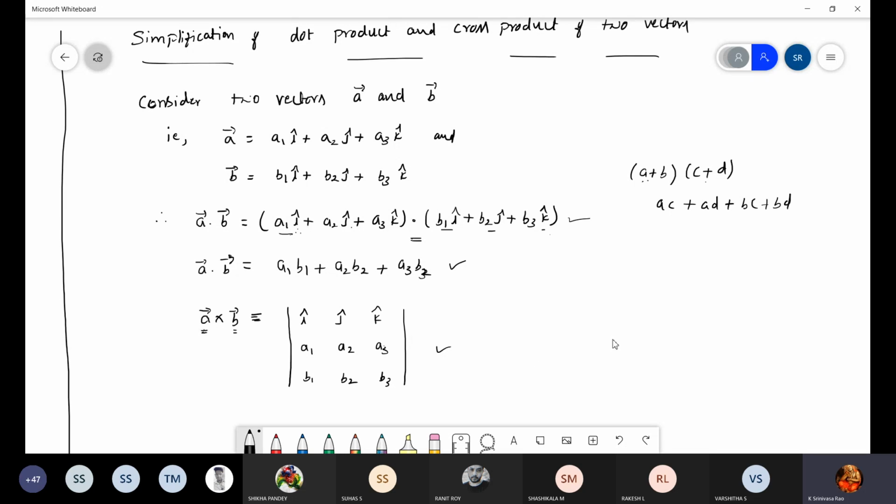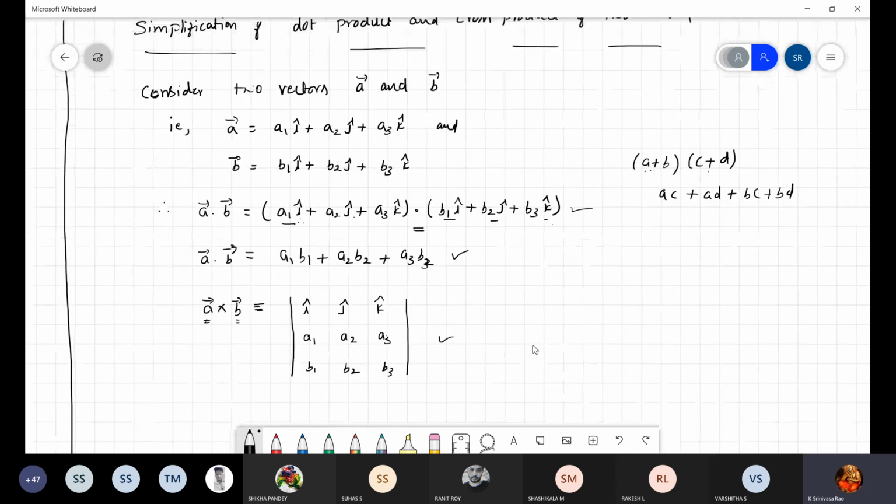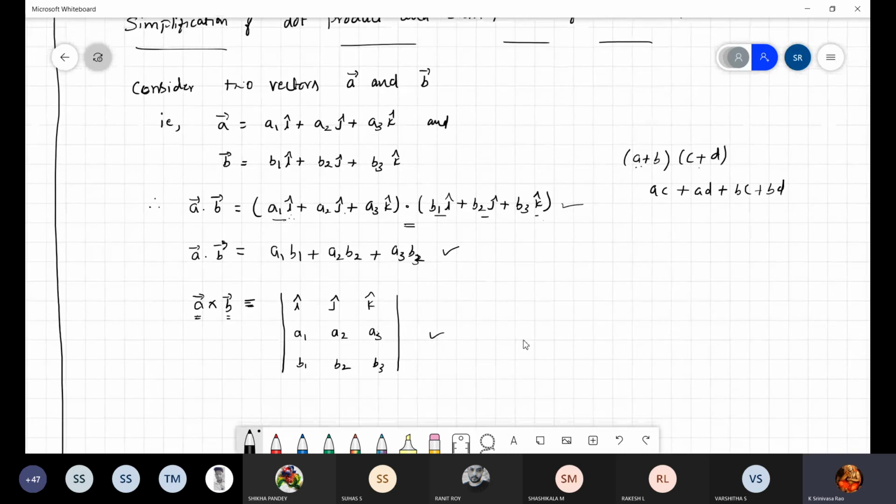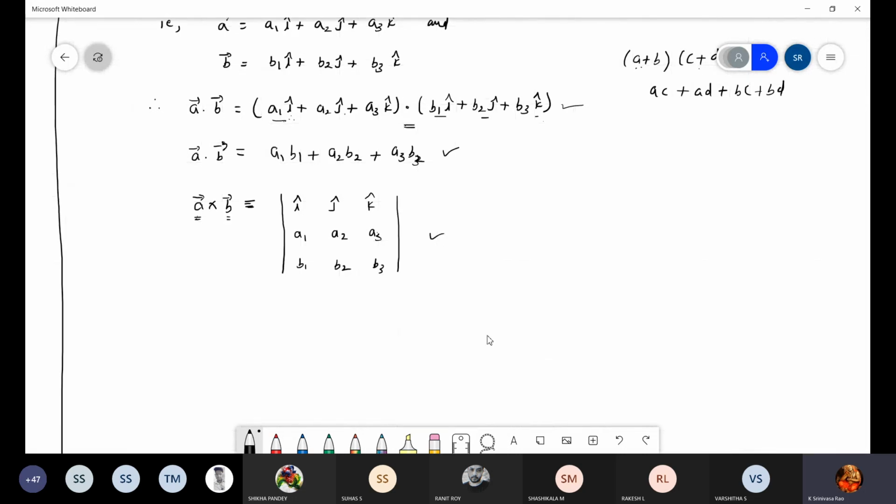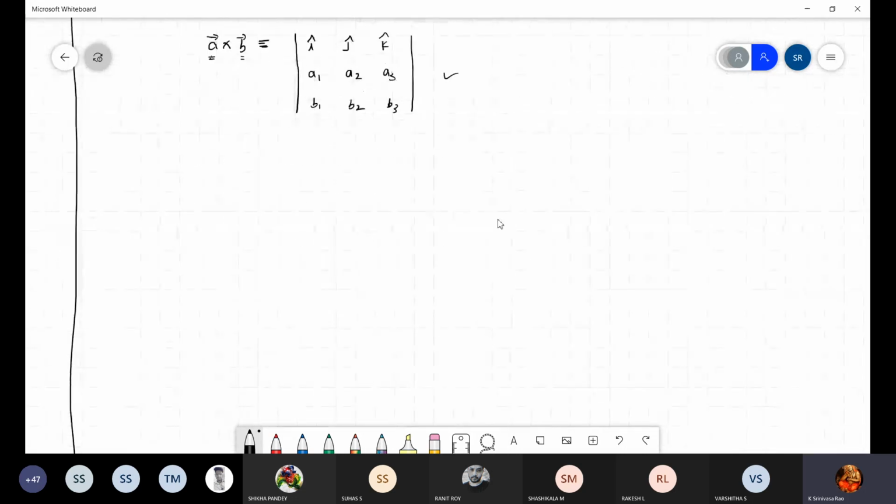Okay, that was very important: dot product and cross product of two vectors. The next heading is angle between two vectors. So whatever definitions I'm giving, we will use in the problems. Okay, angle between two vectors.